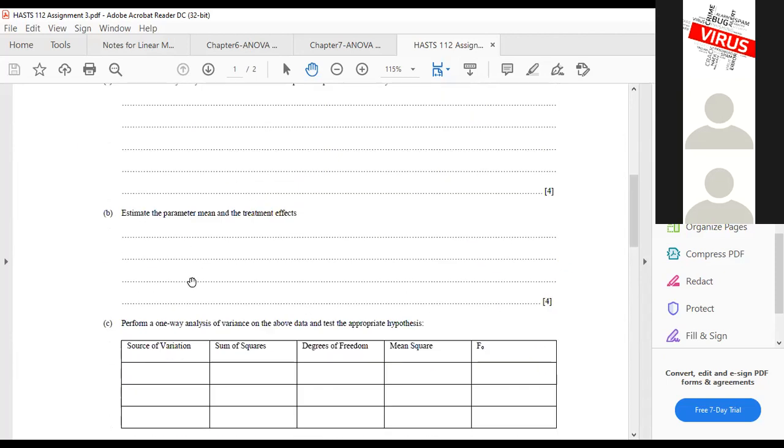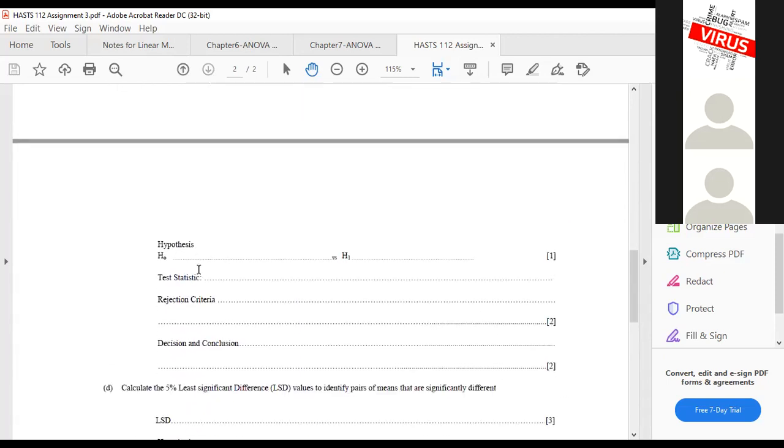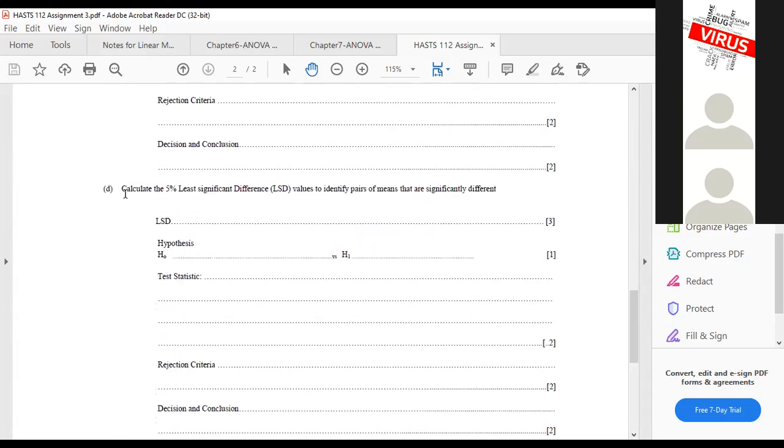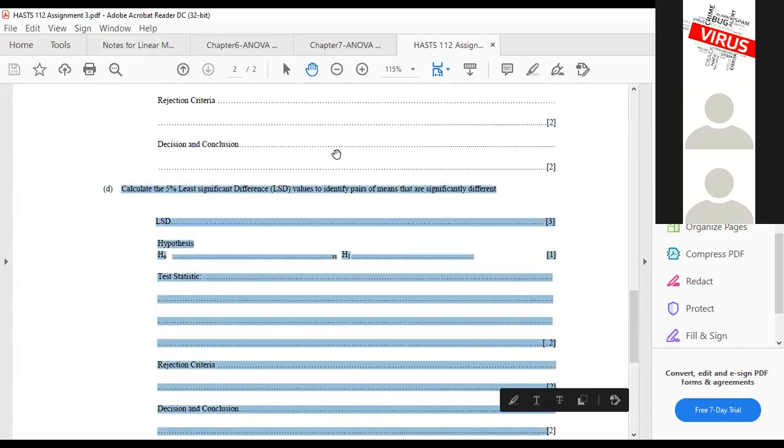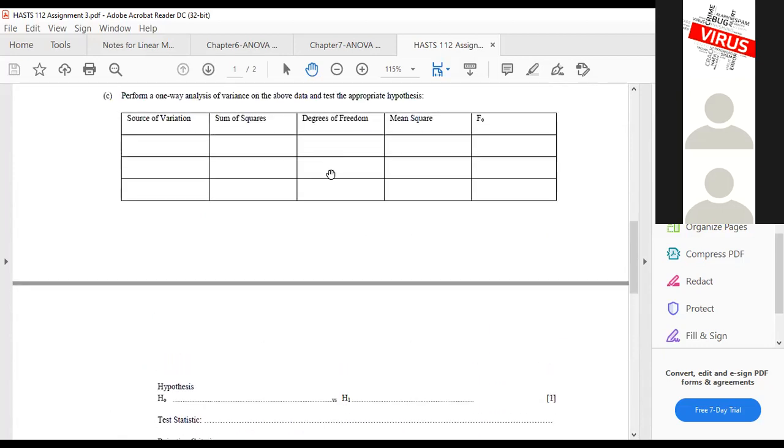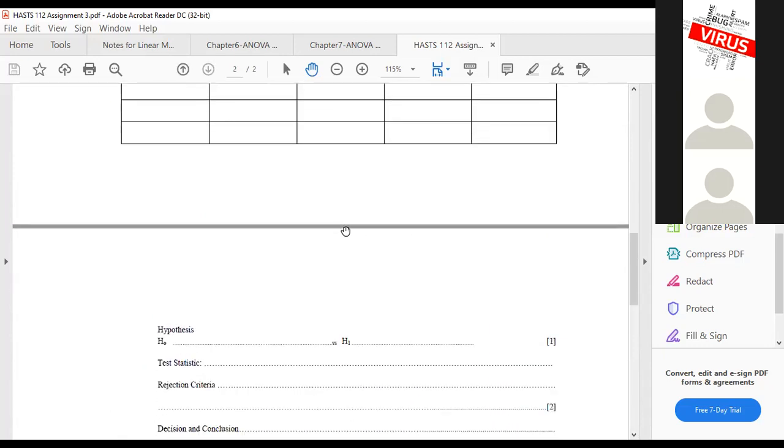Then we discuss tomorrow, because what differs with the unbalanced, I think, comes to the LSD only. That's where the difference mostly comes in, and even probably in calculating SS treatment.